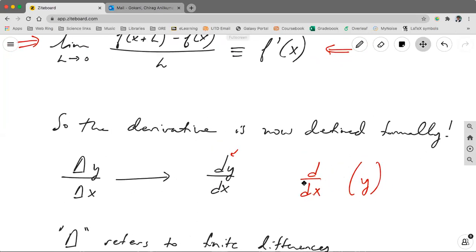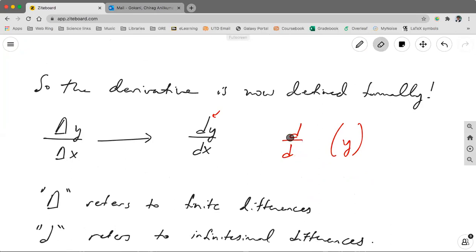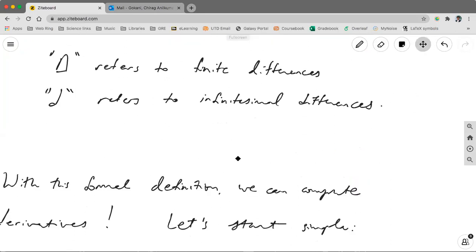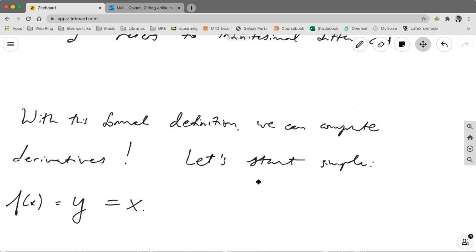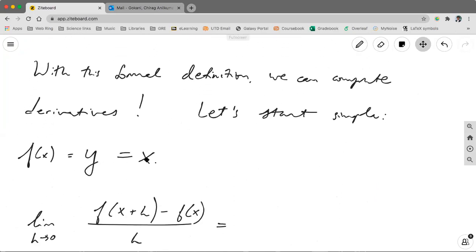Okay, so this is just notation, and I hope this is making sense to people. So now that we've defined the limit formally, we can literally just start computing derivatives, and we can find some patterns that are very important. So let's start with the simplest example, f of x equals x.